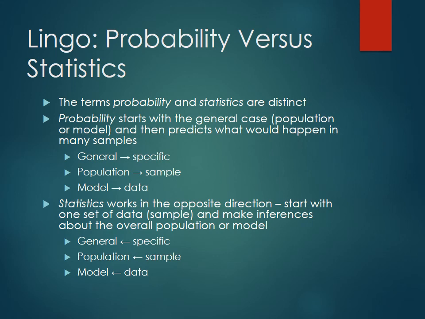So say, for instance, you have incidence data for hypertension risk in the state of Florida, and then you generalize that down to your patient, whether or not they're going to be at risk for hypertension, right? Versus with statistics, we're taking data from a sample and trying to generalize it back out to that population, okay? So one's going more narrow to broad, one's going more broad to narrow. Does that make sense? So just be aware of the differences between probability and statistics.